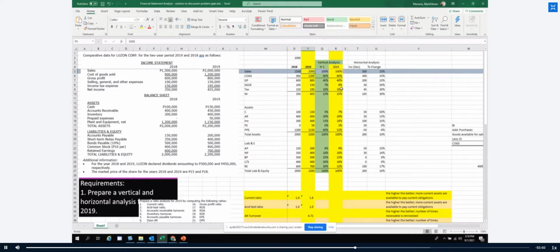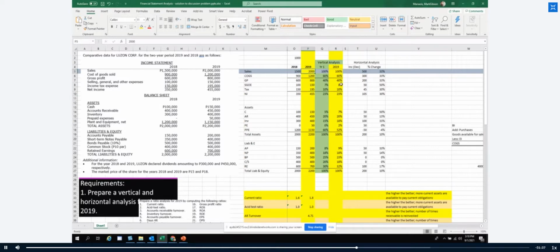So that's 10%. Then you can arrive at your net income simply by deducting 8 and 10 from your gross profit. That's one way to calculate for it. Or you can simply calculate 455,000 divided by 2 million.